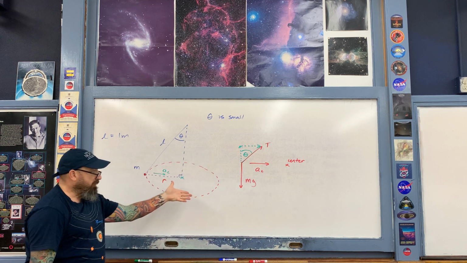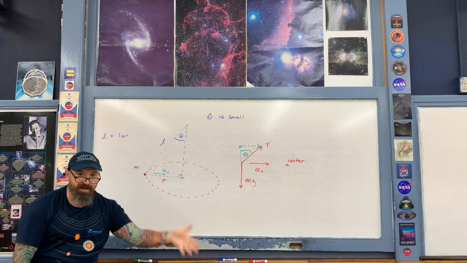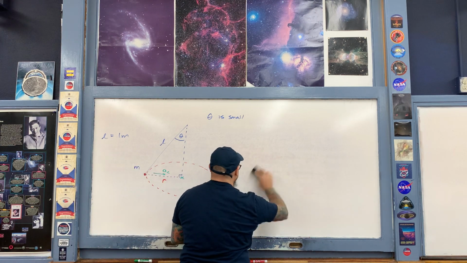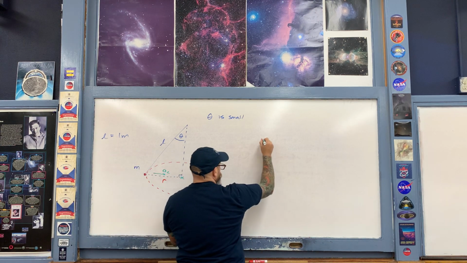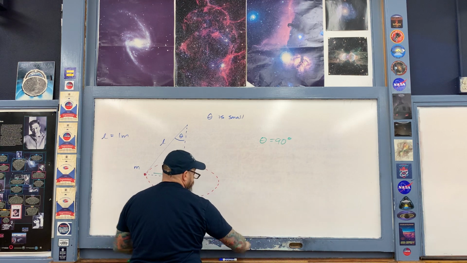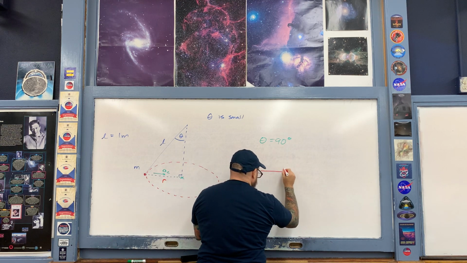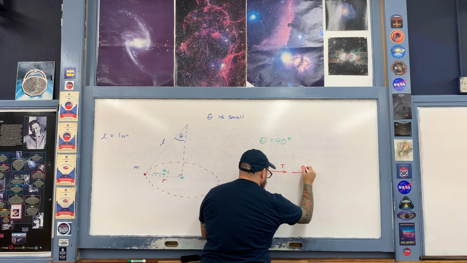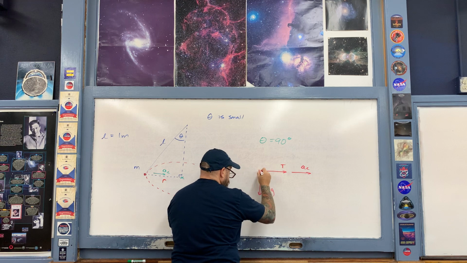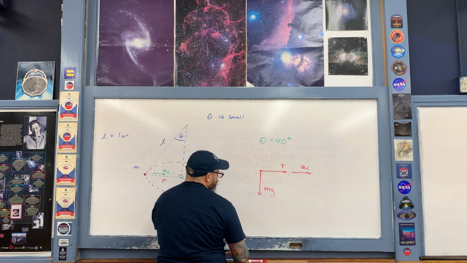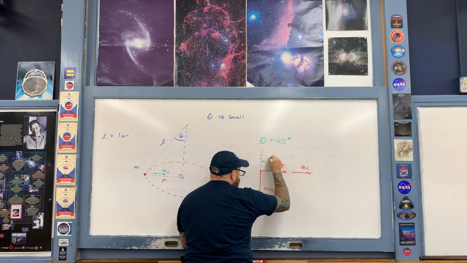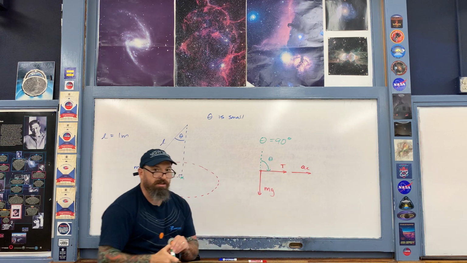Watch what happens to the force diagram if we make the angle theta, for example, equal to 90 degrees. Then the diagram looks like this. Okay, here's the tension vector like so, in the same direction as the centripetal acceleration. Here's the force of gravity straight downwards. Here's the object itself. And then with respect to the vertical direction like so, right here is then the angle theta equal to 90 degrees.